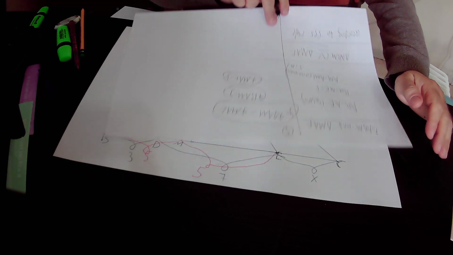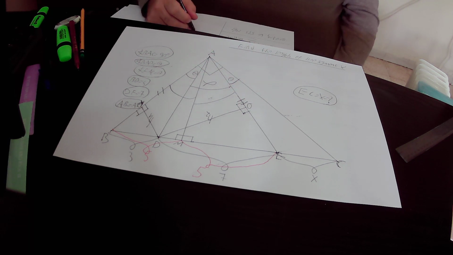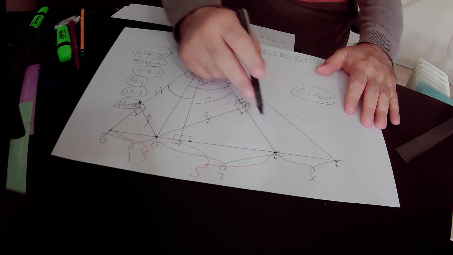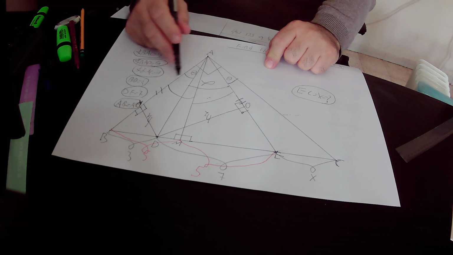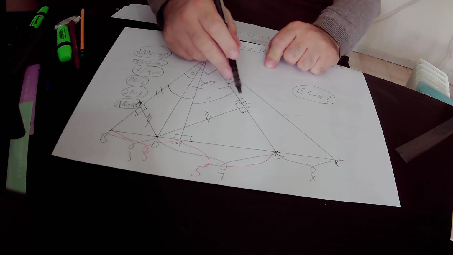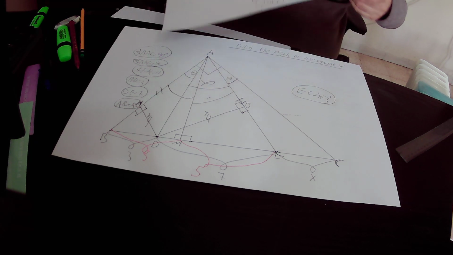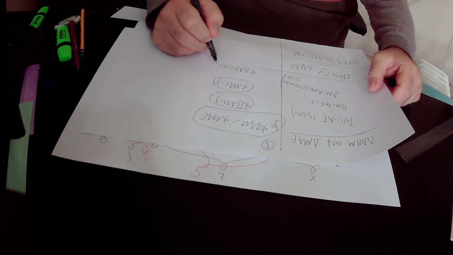But what is the value of angle BAE? The value of angle BAE is equal to theta plus alpha. So from one side, the value of angle BAE equals theta plus alpha. You can see it from the drawing.